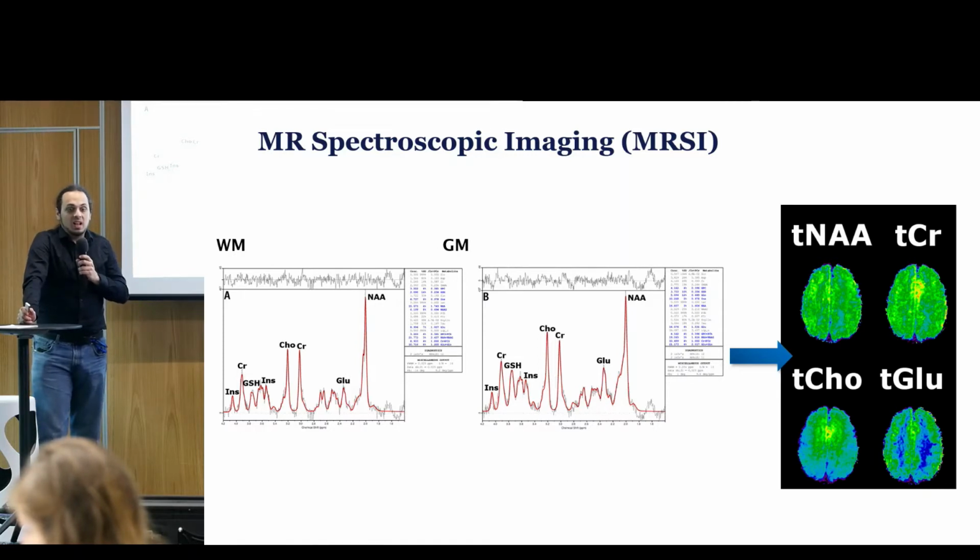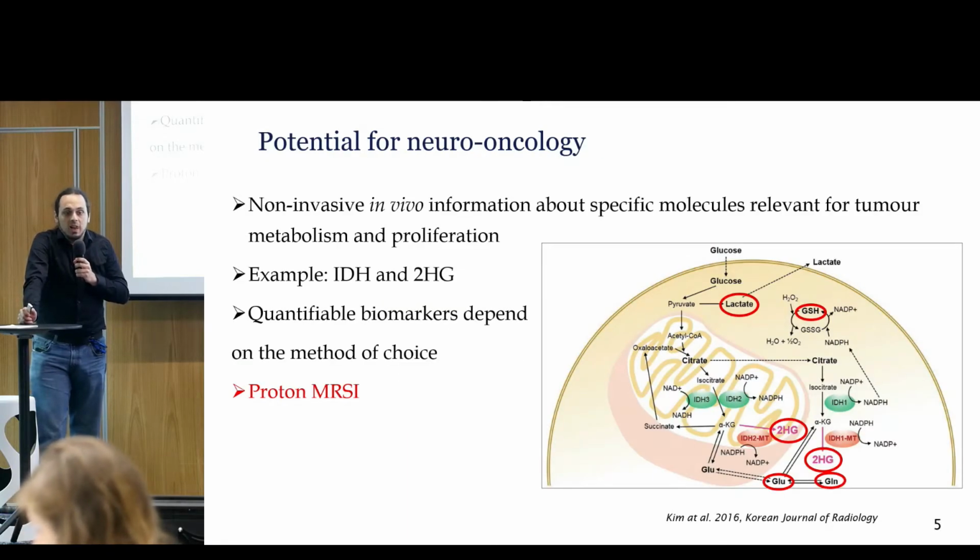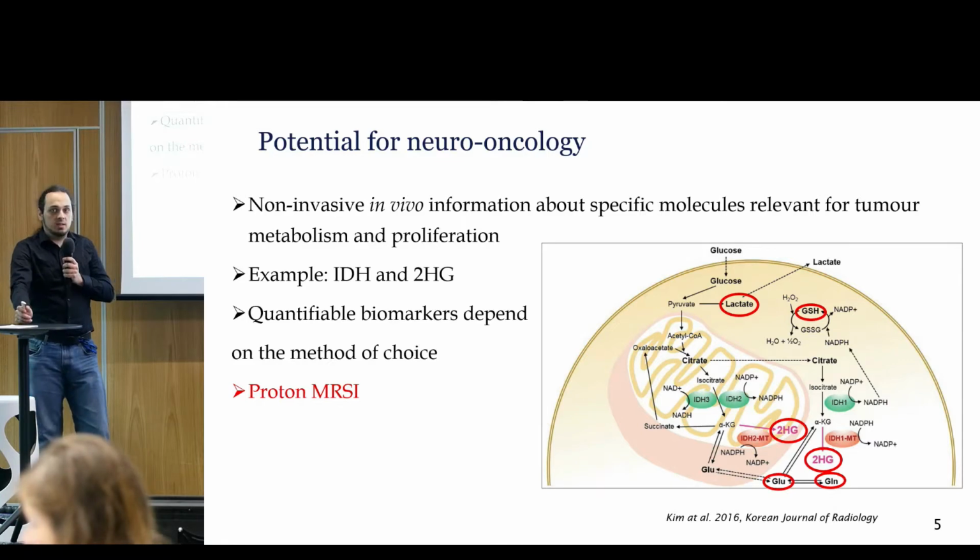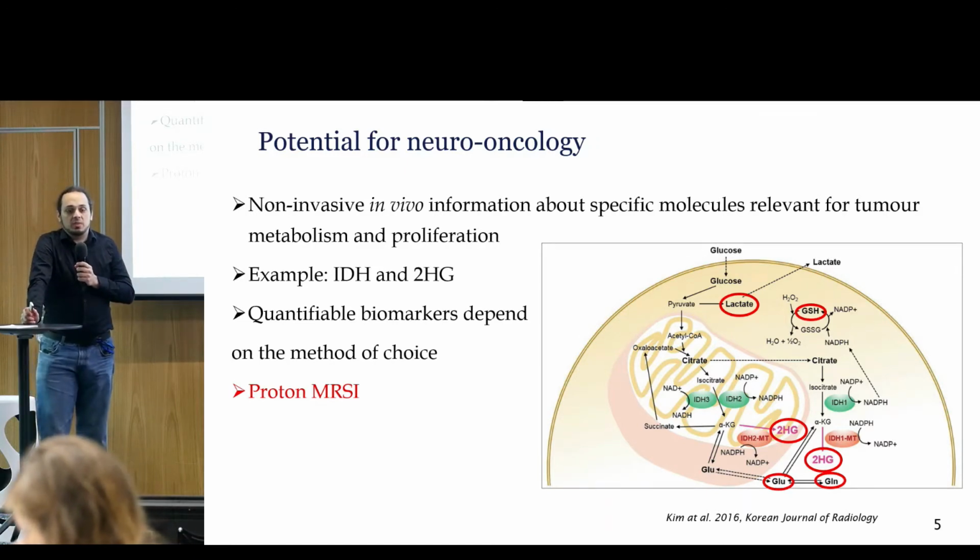as possible. So at our center, we have developed methods in cooperation with the other departments for at least a decade. And we want to use that in neuro-oncology specifically because we think, or the literature says, that there are many interesting points of tumor metabolism that proton MRSI in the human brain can access.